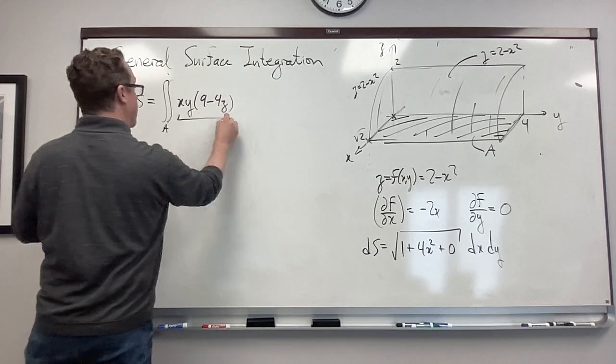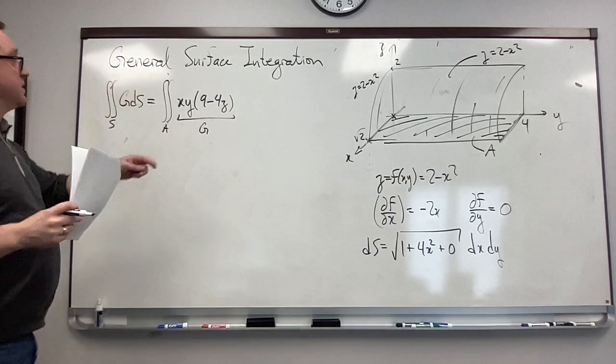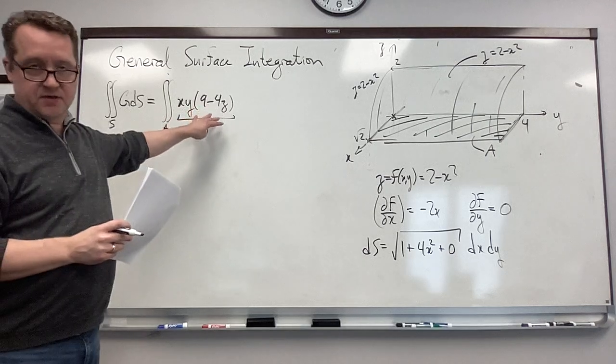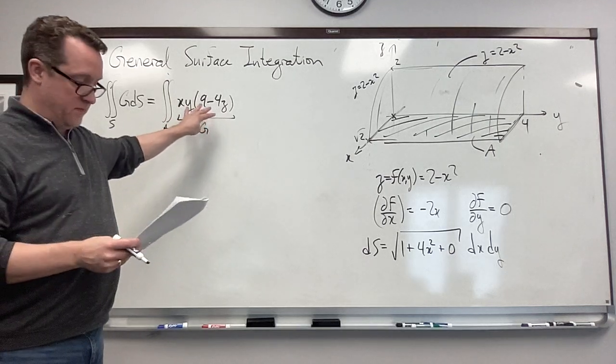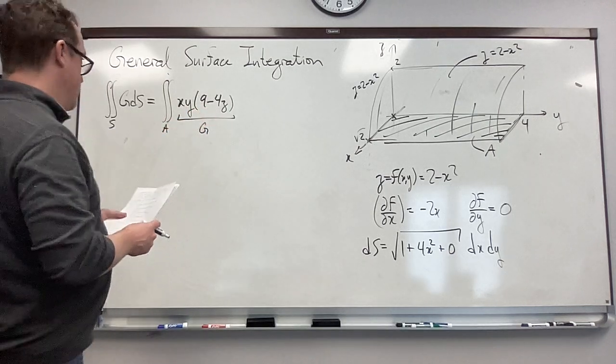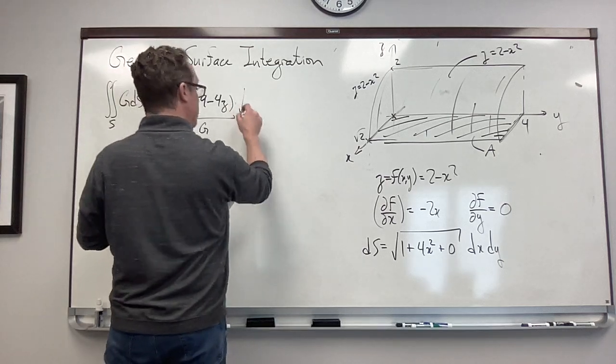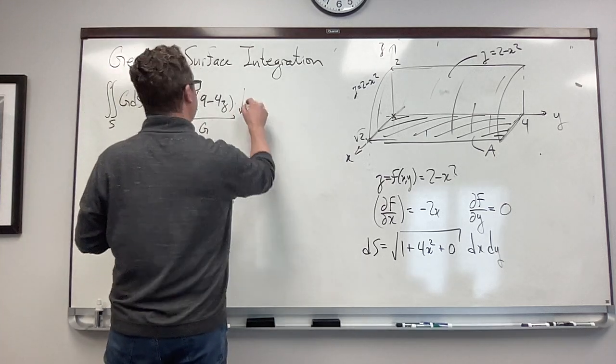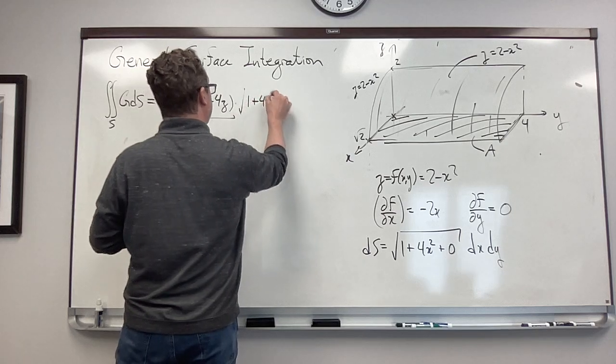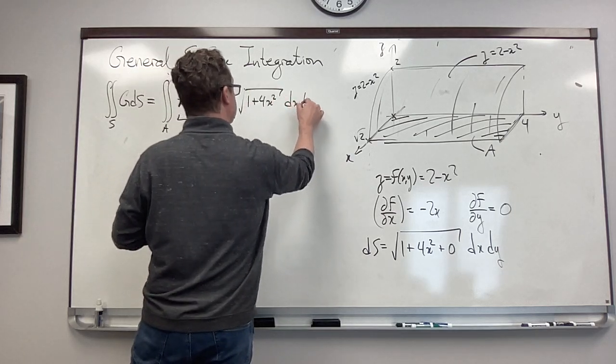Okay, this whole thing is G. That was given to us in the problem. I didn't derive this, I didn't substitute this. This came from the problem. And then we have our dS part, so I have the square root of 1 plus 4x squared dx dy.